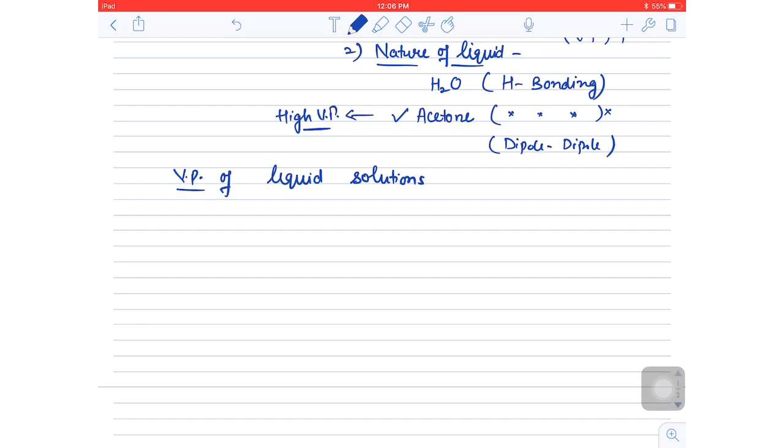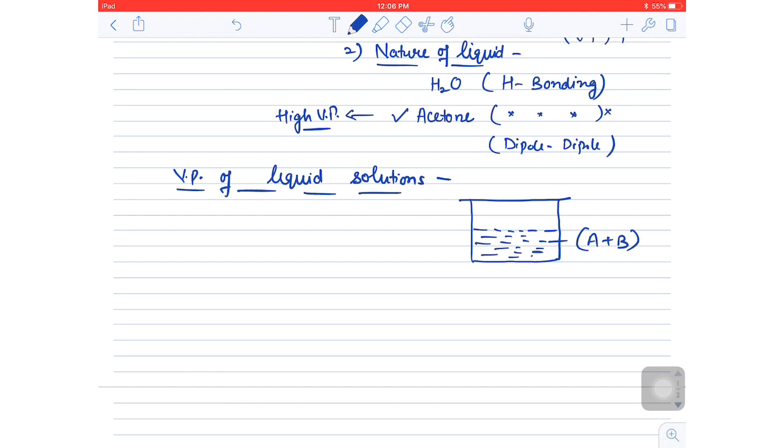Now we will have our beaker. It will be containing two liquids. Suppose liquid A and liquid B. So this is what we have.